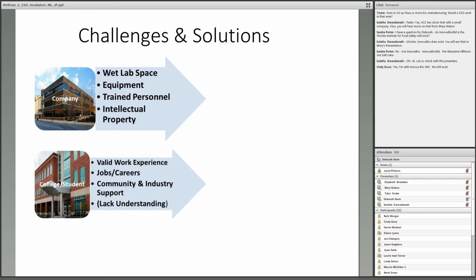So then that lack of preparedness is going to affect our community and industry attitudes towards our students and our institutions. But what we have found is basically all those problems and constraints can be attributed to a lack of understanding of what we do and how we do it. So we are looking at solving all those problems here in our area.